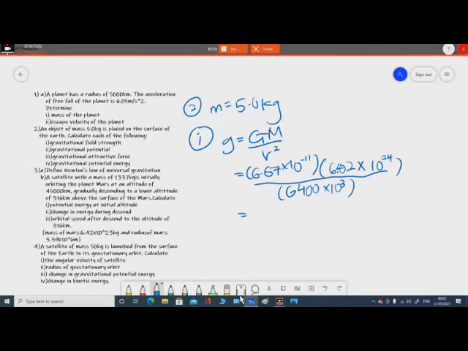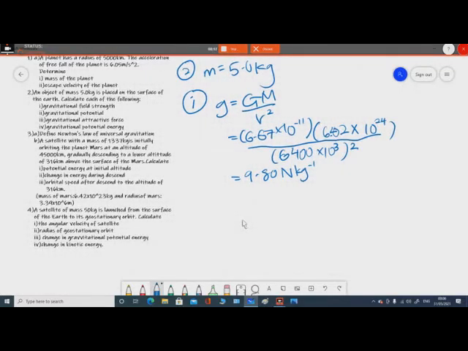Okay, I forgot, there is a square here. So it's 6.67 times 10 to the power of negative 11, times 6.02 times 10 to the power of 24, over 6,400 times 10 to the power of 3, squared. So the final answer we get is 9.80 newtons per kg. So this is our first part.